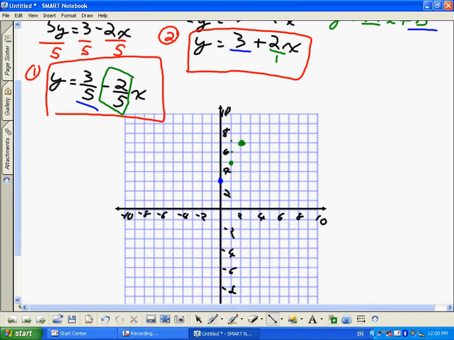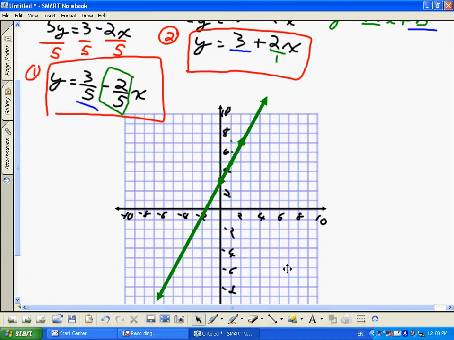Our line can be something like that. Now we could continue it all the way down, connect them, and draw a straight line. Then our straight line. Second equation.